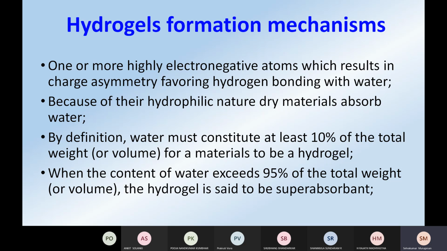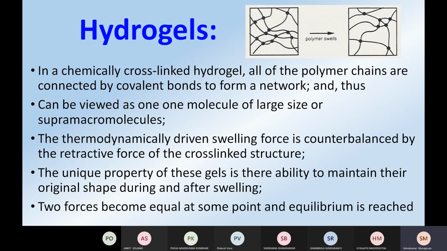Because of their hydrophilic nature, dry materials usually absorb more water. And if it absorbs a minimum of 10%, then it can be considered a hydrogel. If the monomer or polymer absorbs more than 95% water, that is superabsorbent. So one definition: chemically processed hydrogels form network structures, and they can be reversible structures, that means kind of shape memory properties.